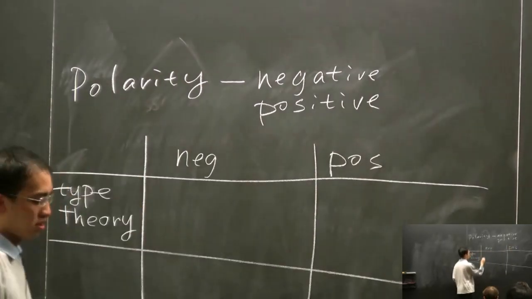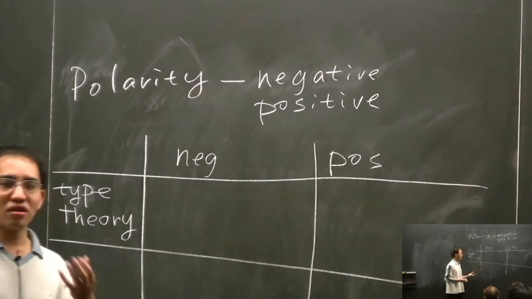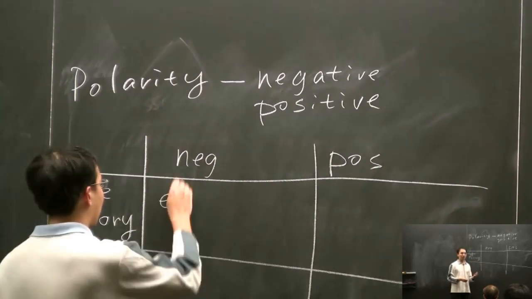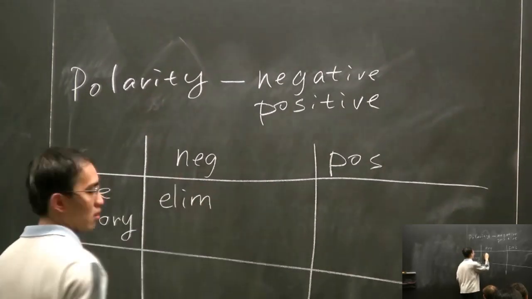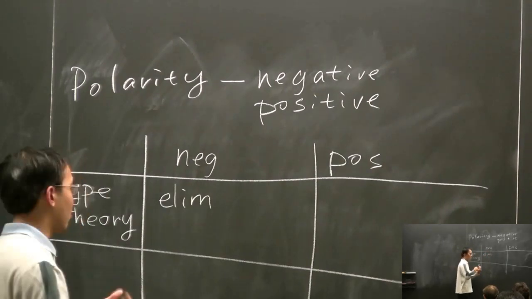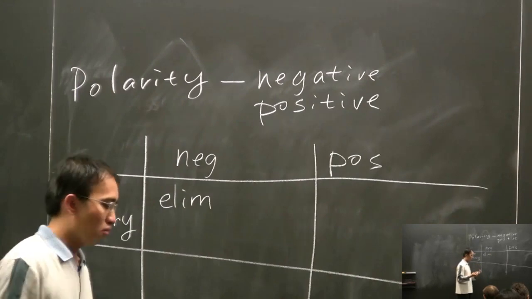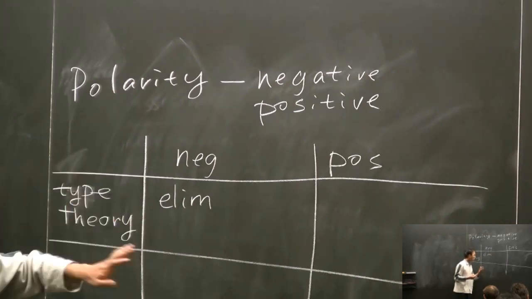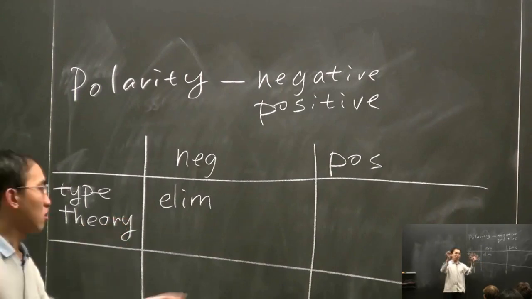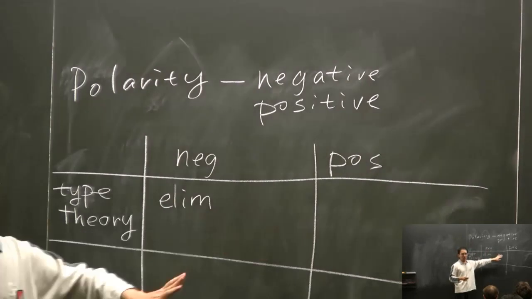It means that the definition of a particular type is based on the usage of that type, which means that it's focused on the elimination rule. And then after that, you're forced to come up with another set of introduction rules so that they are in harmony.